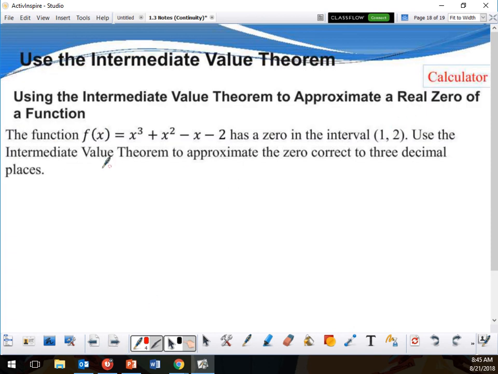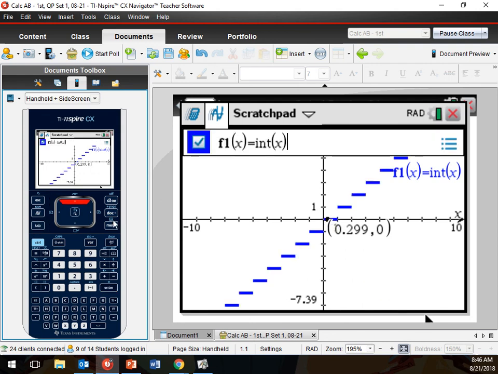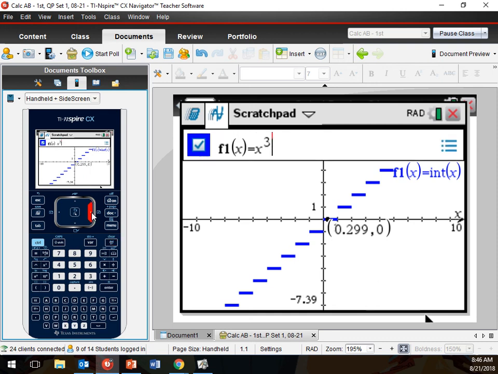All right, so let's try to finish this up. This is the last one right here. Calculator. So let's go up here, clear this out. So x cubed plus x squared minus x minus 2.